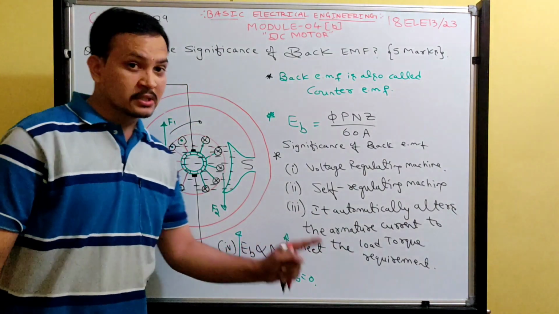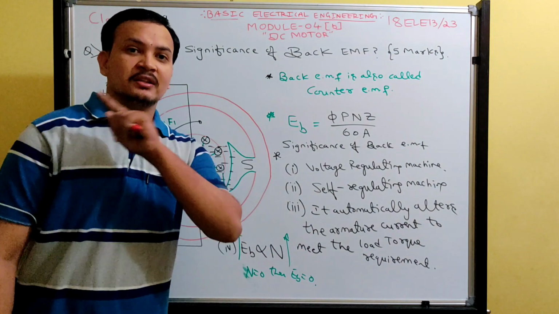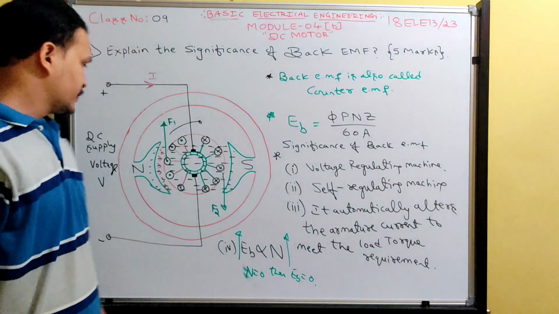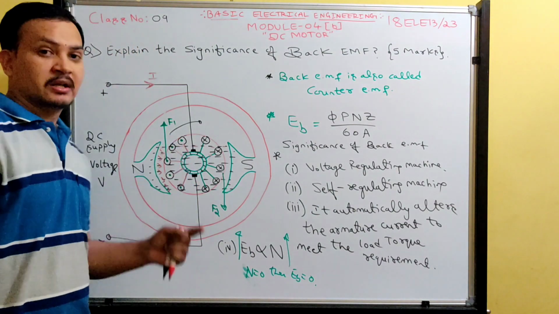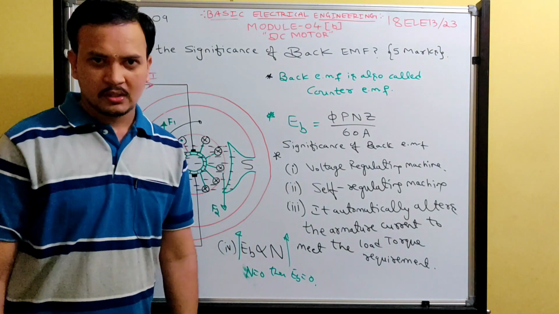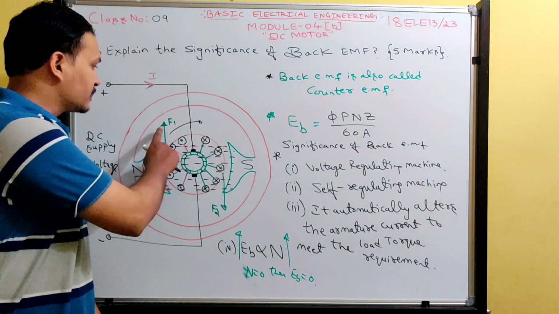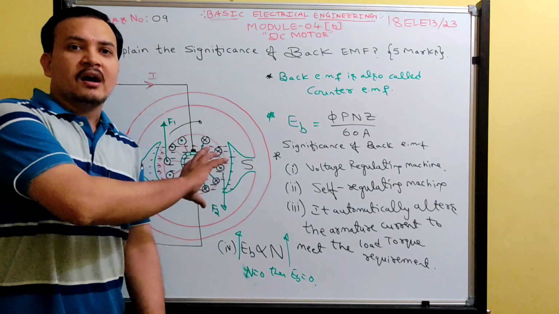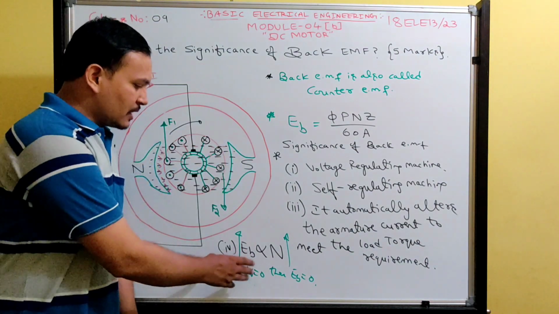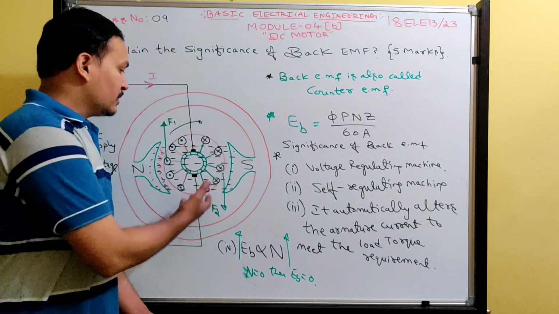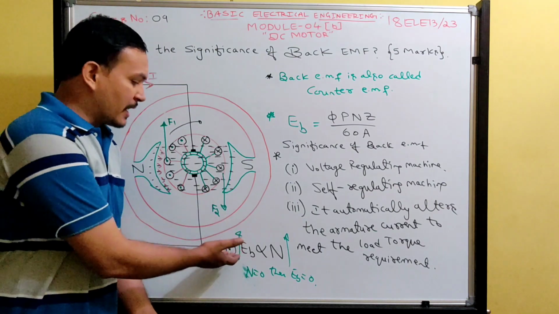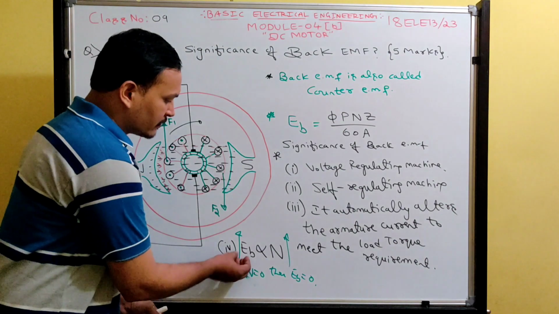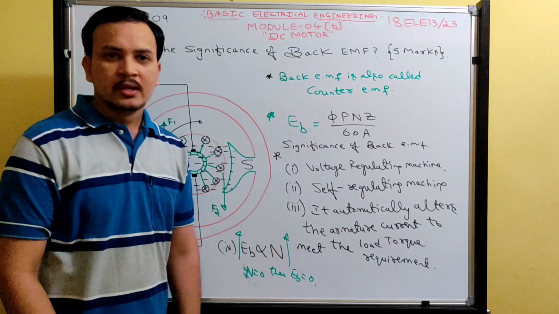When back EMF is 0, that indicates there is no interaction of the two fluxes. The main flux and the conductor flux will not interact at all. If they don't interact, force is not generated. If there is no force, the armature won't rotate, it won't cut the flux, and hence back EMF will not be produced. So we can say back EMF is directly proportional to the speed.